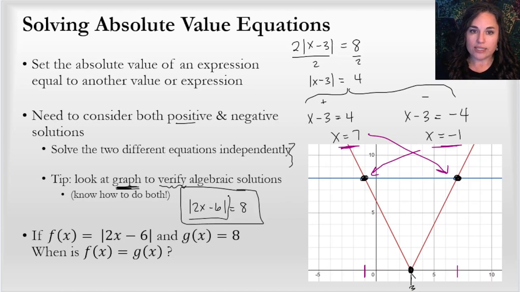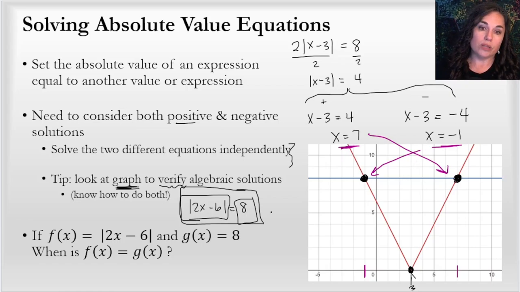I graphed this part of the equation, and this part of the equation I graphed. I graphed each of those separately. They're two different functions. And then when I solve, I can identify these points of intersection for those two functions.